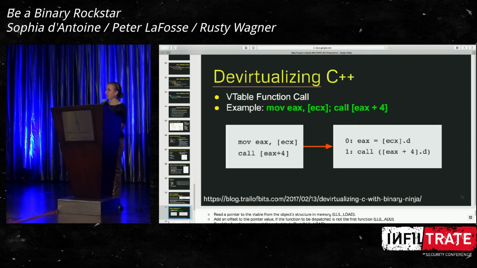All right, another great tool that is actually written for Binary Ninja, and the blog post is down here, is devirtualization of C++ functions. Another coworker of mine wrote this one, and this is a useful script that's quite simple.